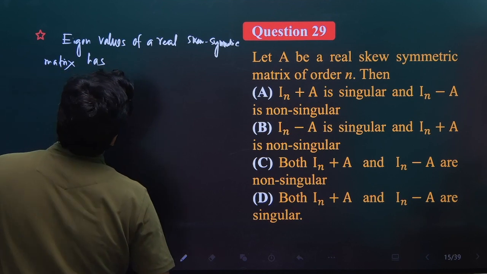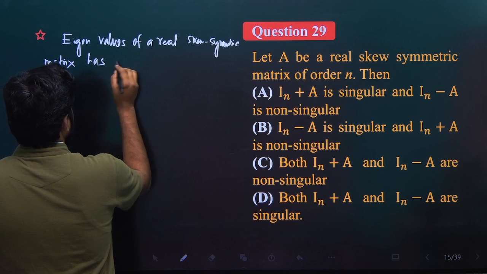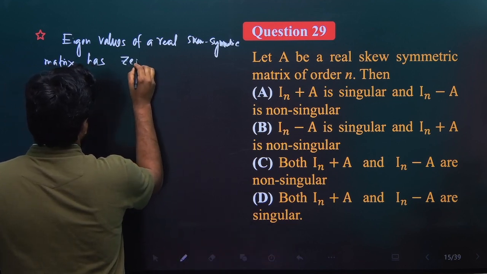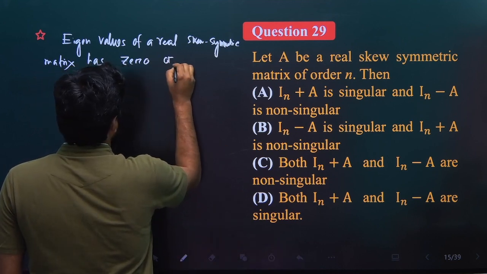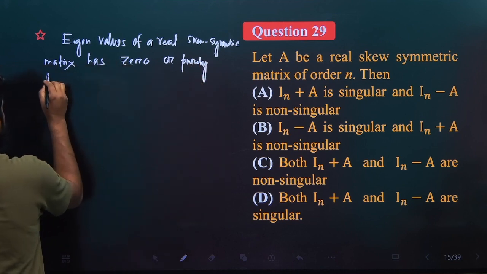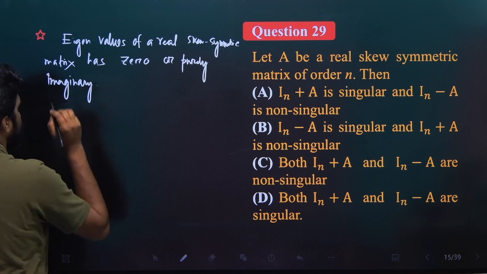Eigenvalues of a real skew symmetric matrix are 0 or purely imaginary, we know this.